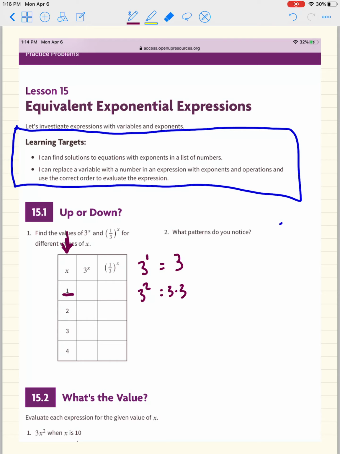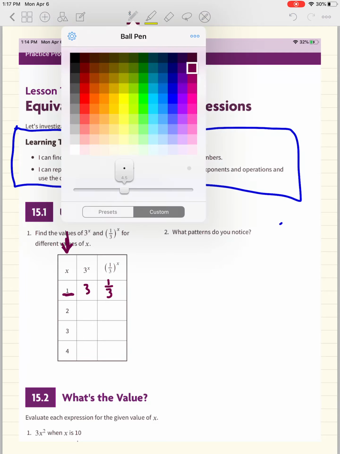I know that's a little bit confusing, but 3 to the first power is just 3 by itself. Same with 1/3 to the first power, it's just going to be 1/3. So anytime you see a number to the first power, it's just that number. You don't have to do anything to it. So let's go ahead and put those answers in. We have 3 here, and we have 1/3 here.